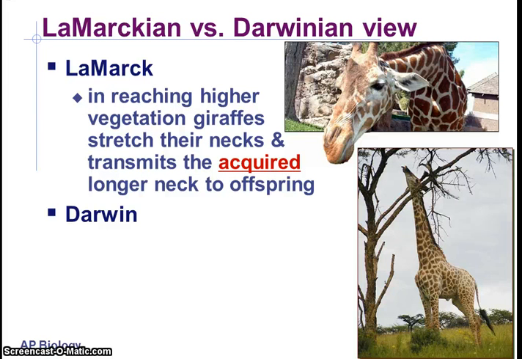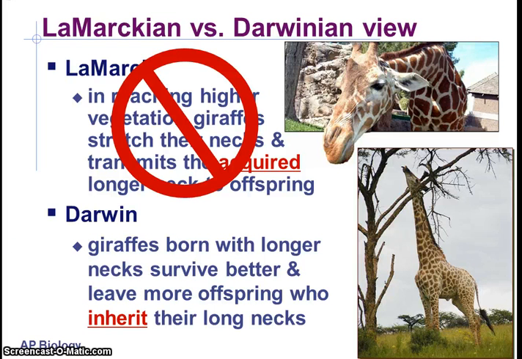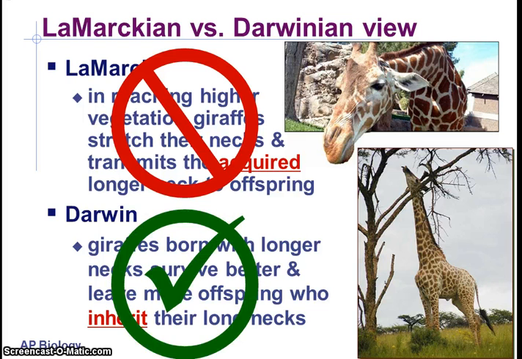So, in reaching higher vegetation, giraffes stretch their necks, and the acquired neck went to the offspring. Not exactly how it happens. Darwin believes those that were born with a longer neck are going to better survive, leave their offspring who will inherit their long necks. Cha-ching!